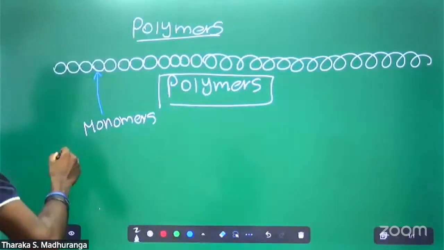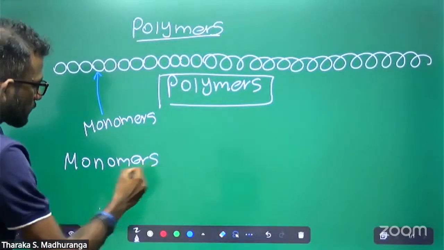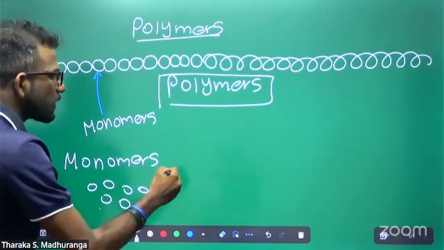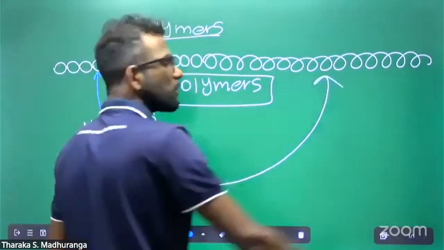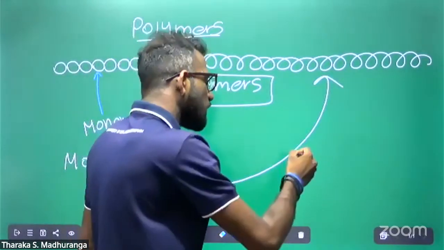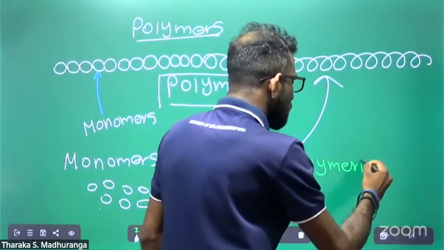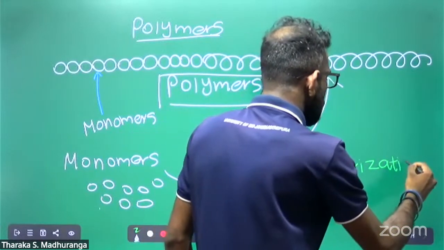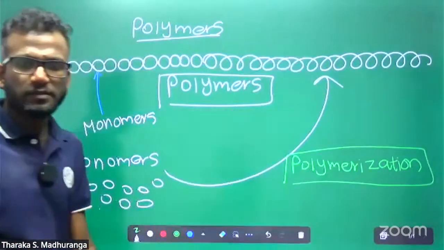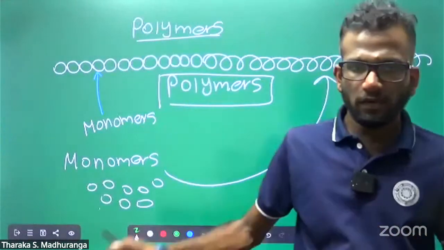Monomers mean small compounds that convert into this type of complex polymer. That special process we call polymerization. Okay, that's the basic.